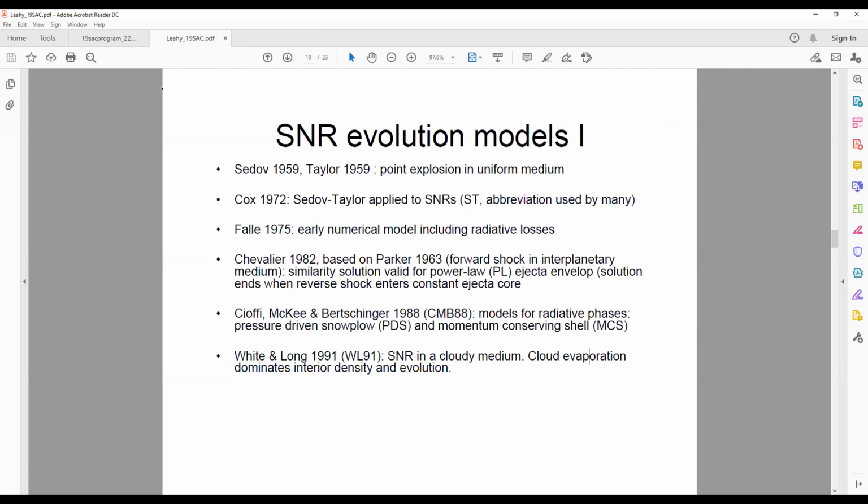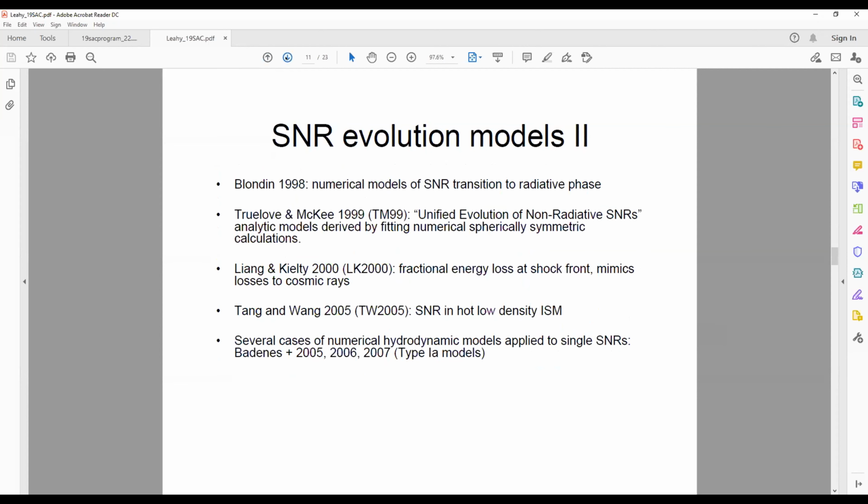Okay, so they found a self-similar solution, but it ignored the ejecta and the radiative phases.